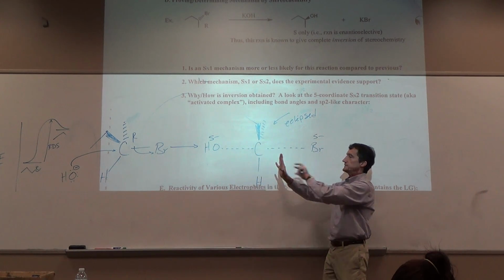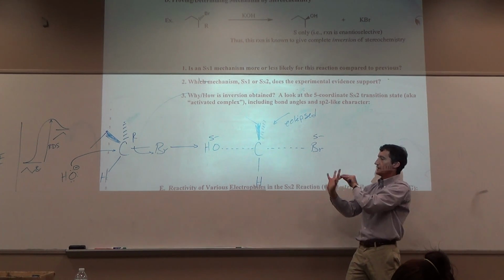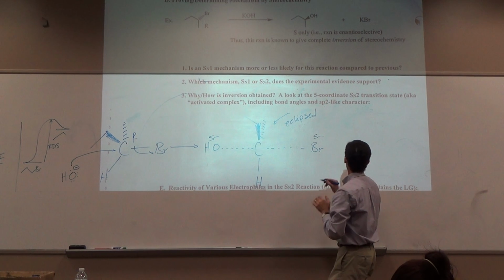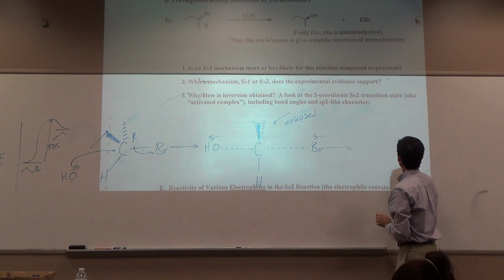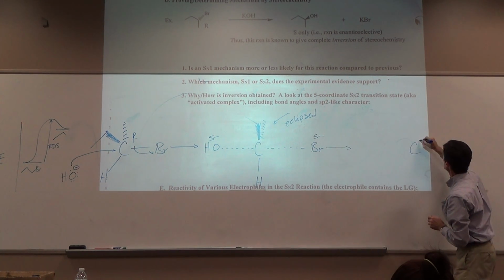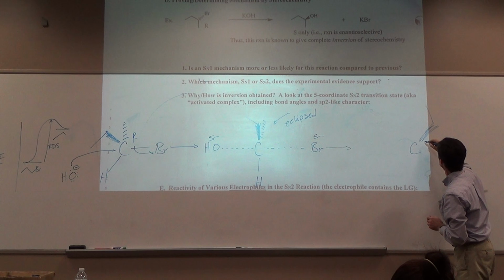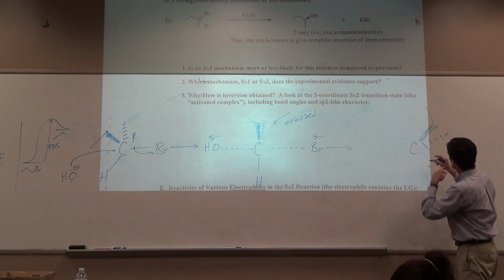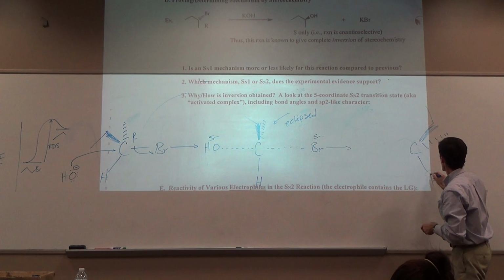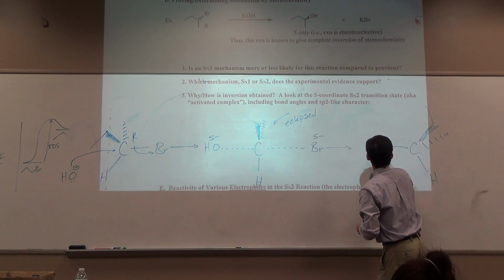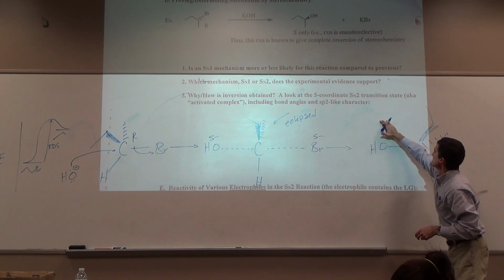Now as the bromine gets kicked off, what happens? This stuff actually comes this way. I can't get it in my hand. But we end up with a carbon here. This stuff comes this way. Like this.